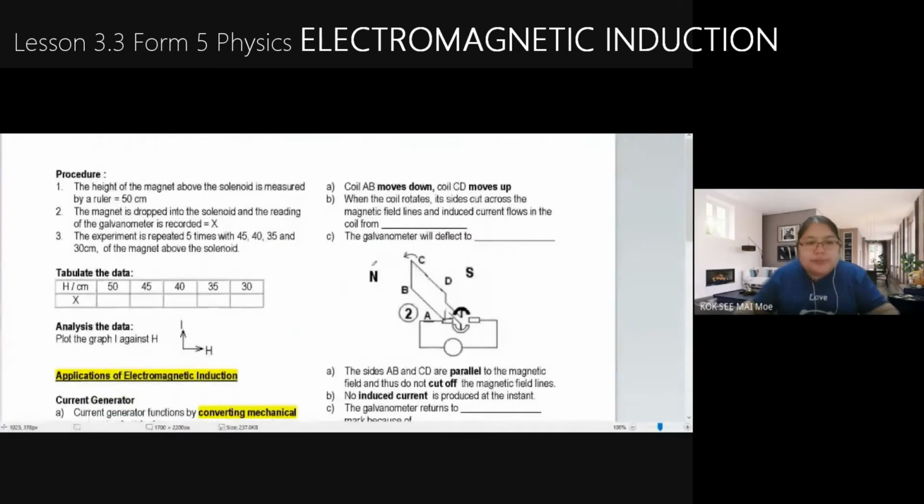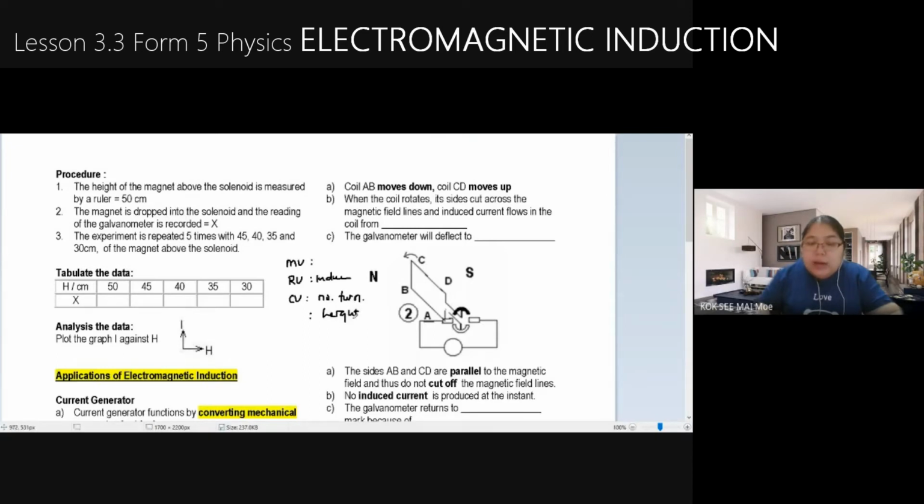The experiment is the same. Now I want to change the MV to the magnet. The MV controls the magnet. The responding variable is still the induced current. The constant variable, you can now say the number of turns, or also the height.